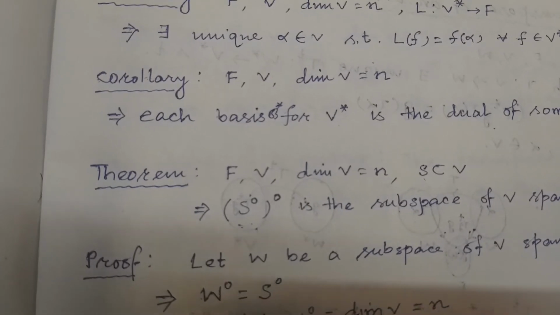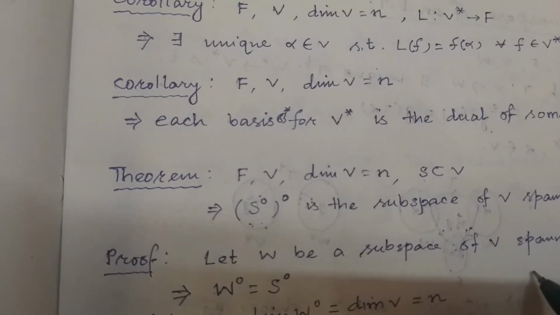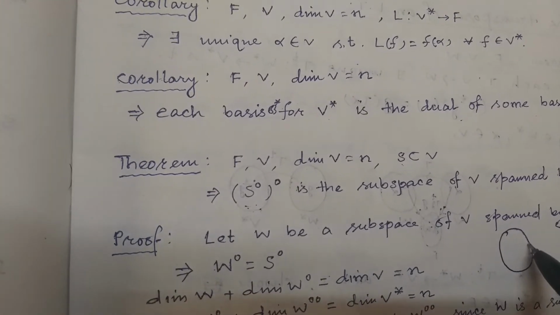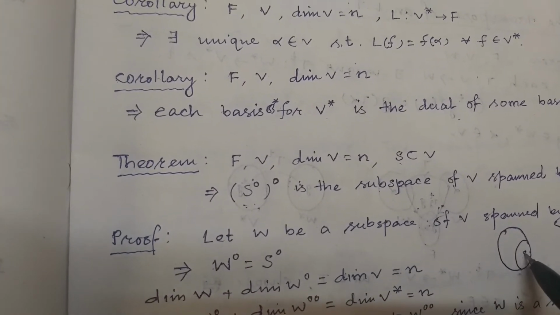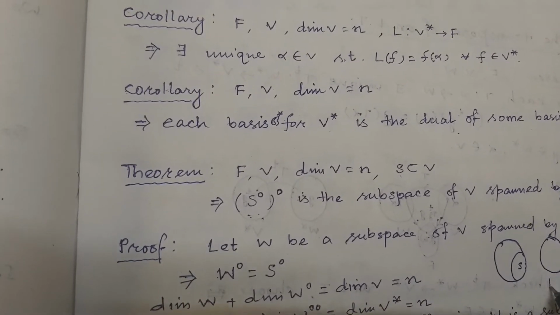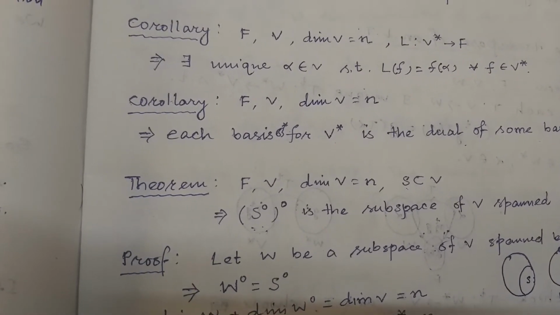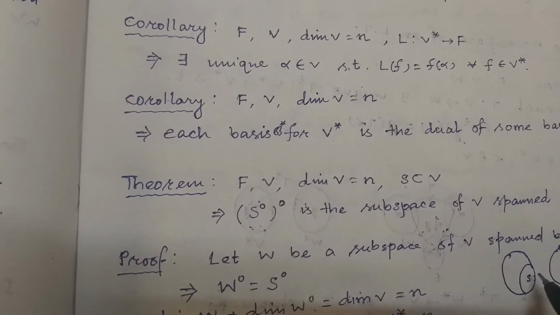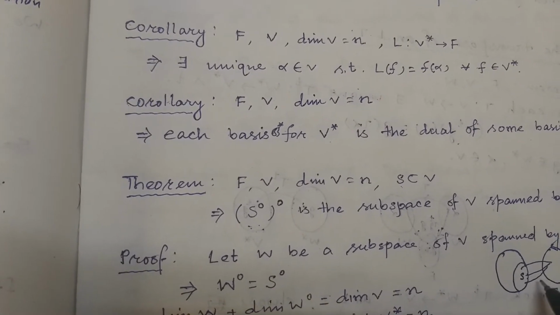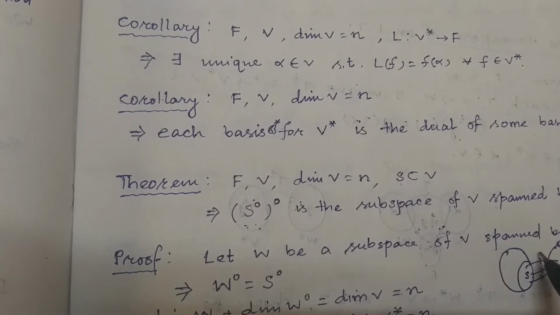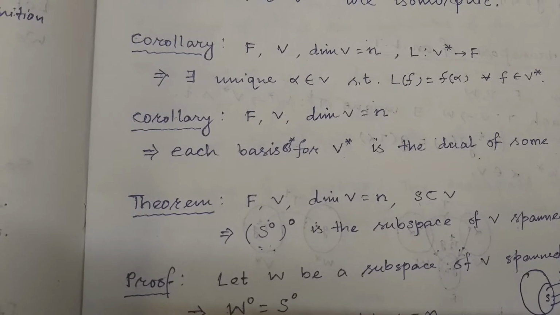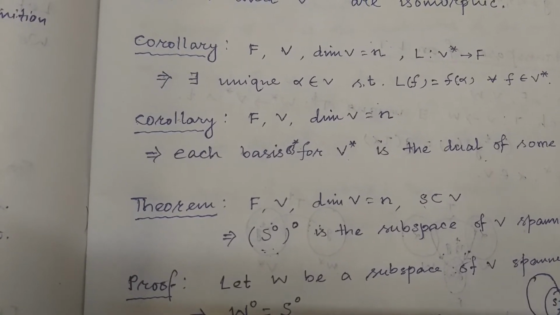Now, if these elements of S go to 0 under f in F, this is our V star.